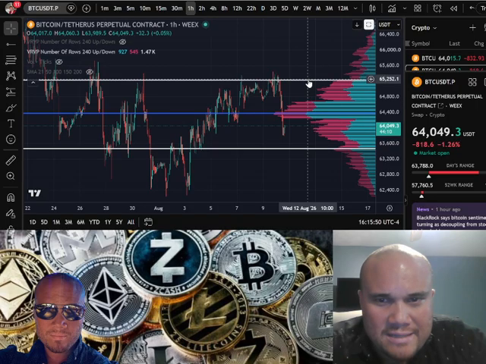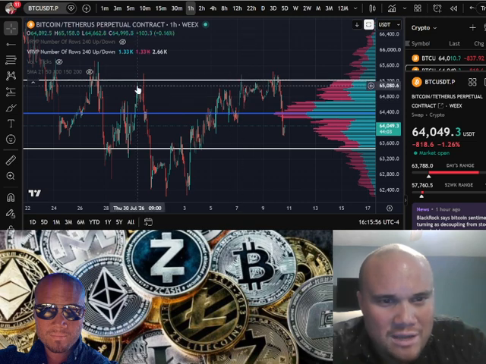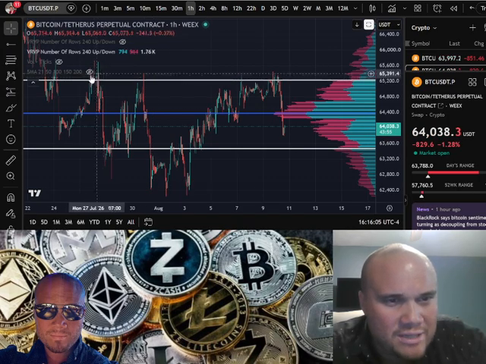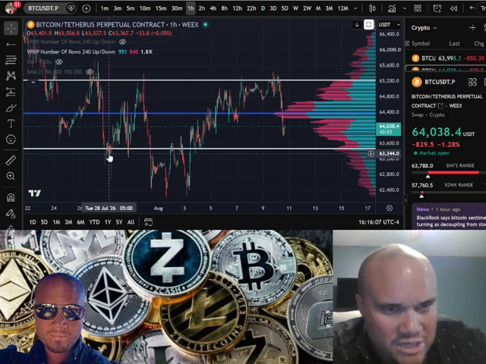And you can see that this value area high seems to be a level where we don't really stay at that price for too long before we get rejected. Looking at previous price action, you come up to 65K, you immediately get rejected. We were over here at 65K, you didn't really stay there for too long before you got rejected, okay?